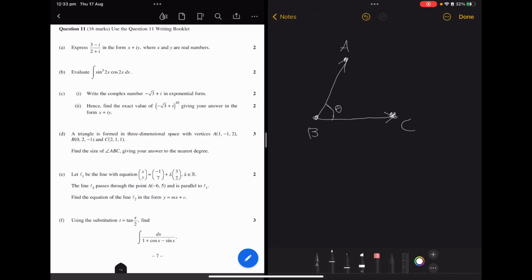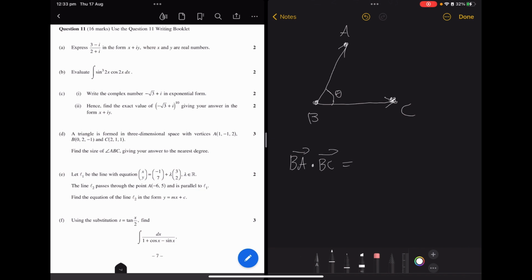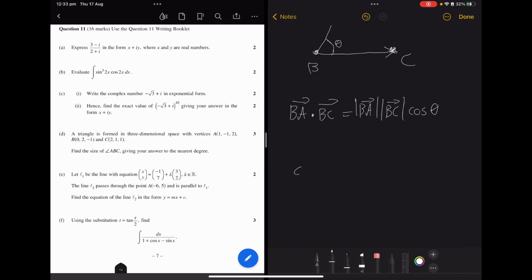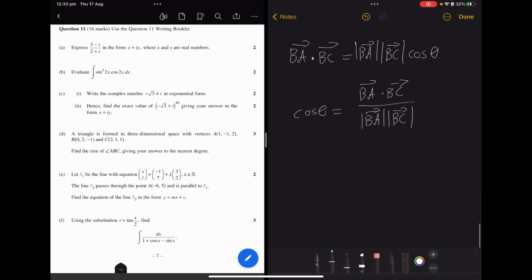So BA dot BC is equal to the magnitude of BA times the magnitude of BC times cos theta, where theta is the angle between them. Now we can rewrite that as cos theta equals BA dot BC over their magnitudes. And now we just need to find BA and BC.